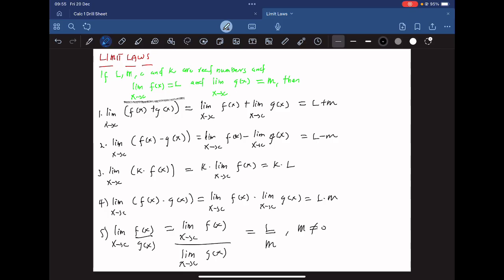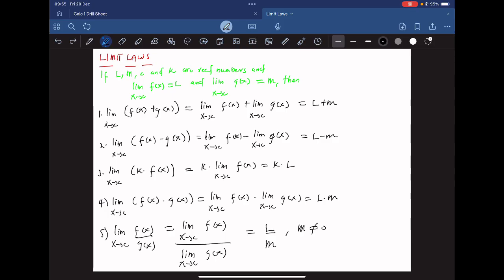So what this is basically saying is that when we have the limit as x approaches c of f of x plus g of x, then we can distribute the limit. Then we are going to have L plus M, since the limit as x approaches c of f of x is L, and the limit as x approaches c of g of x is M.